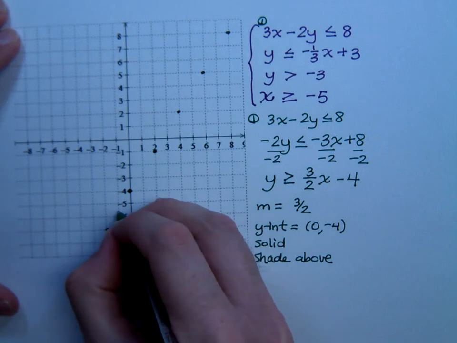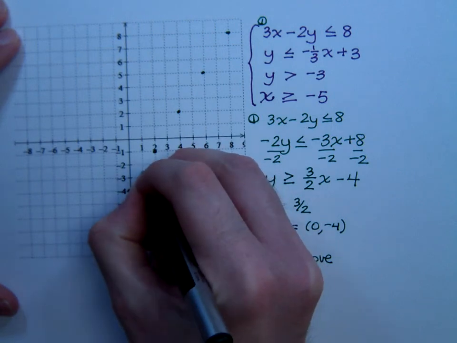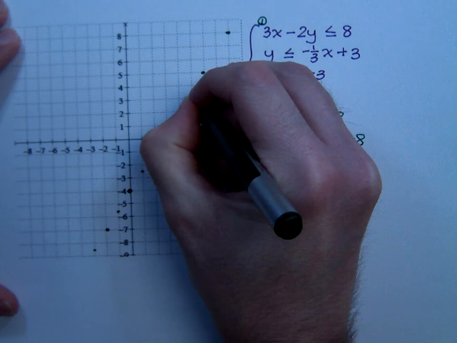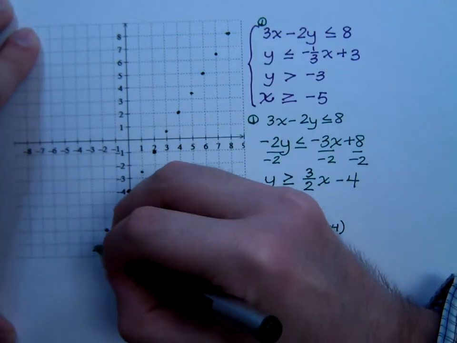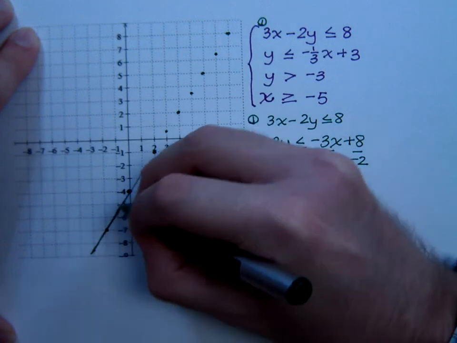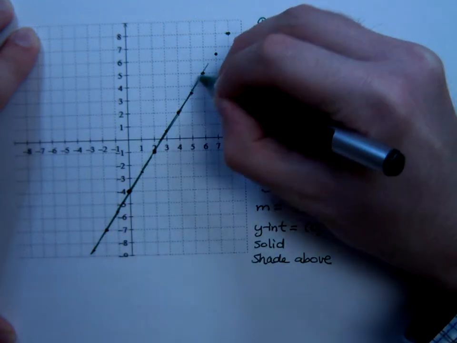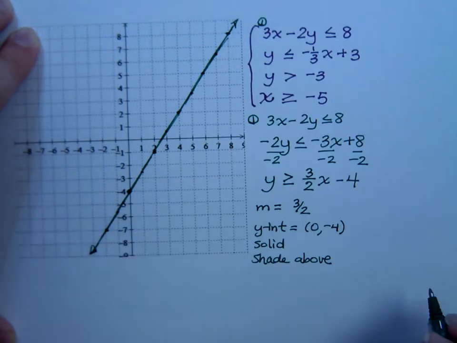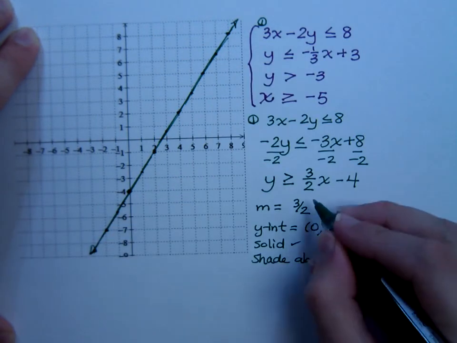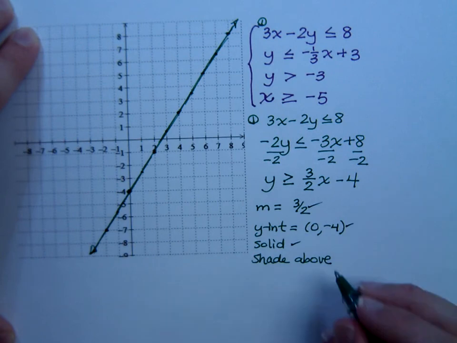Maybe I put the midpoints on here as well. You don't have to. Your graphing is probably going to be a little bit easier than mine is. And so we get this nice solid line. Okay, so solid, slope, y-intercept, shade above.